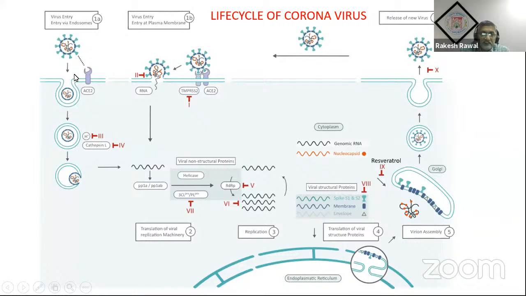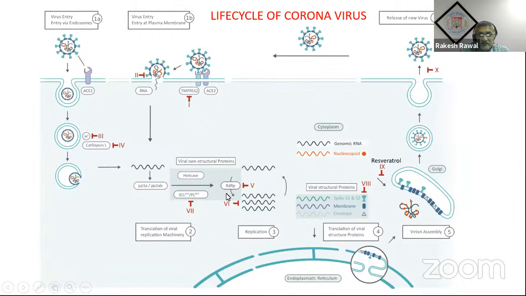The second one is, if it enters, can we restrict it at this level so that the viral genome is not released into the cytoplasm? Or can we restrict their replication?